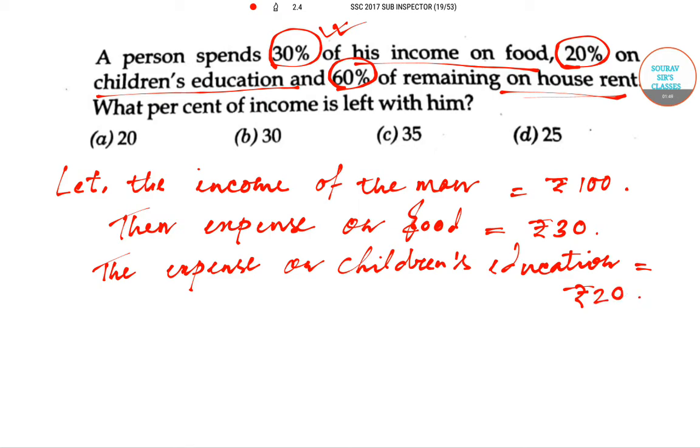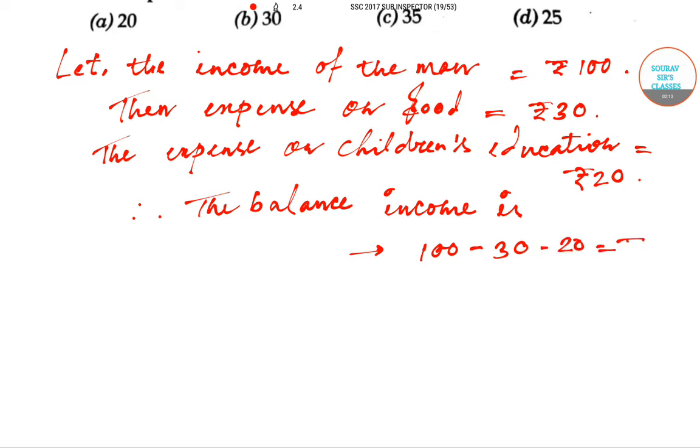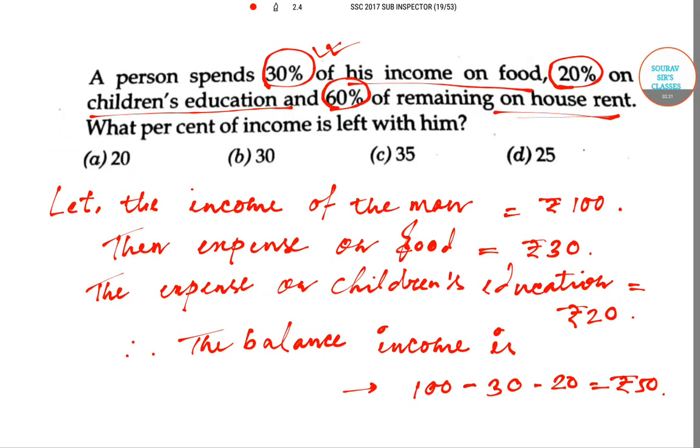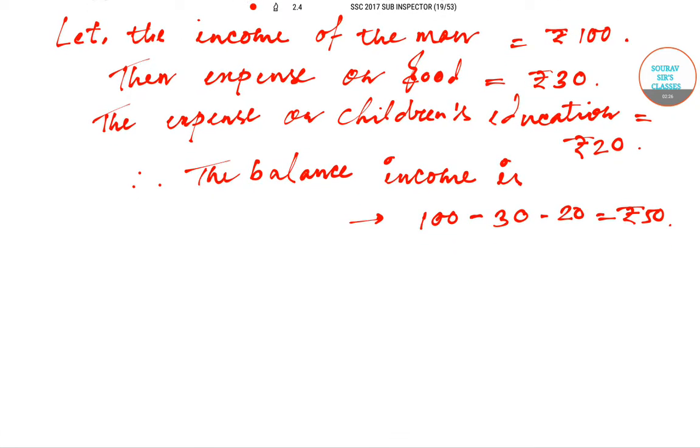Now the balance income is 100 minus 30 minus 20, that is equal to rupees 50. And then the expense on rent: it is said that 60% of the remaining, so it is 60% of rupees 50.